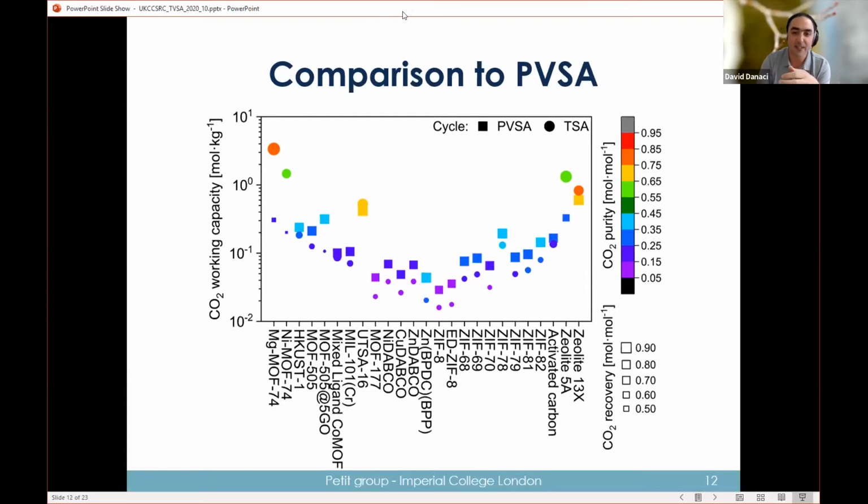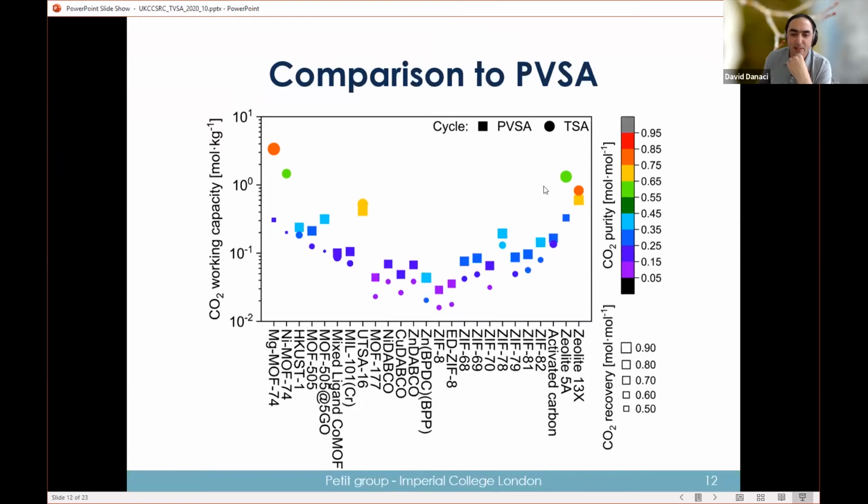So as you adsorb the gas, you have no control over the temperature in the vessel. So as it gets cooler, it wants to hold on to more gas. With TSA, on the other hand, you eliminate that variable because you are supplying thermal energy and can overcome those limitations. But as you can see, there are very few adsorbents from this selection under these conditions where TSA is better or significantly better than PVSA.